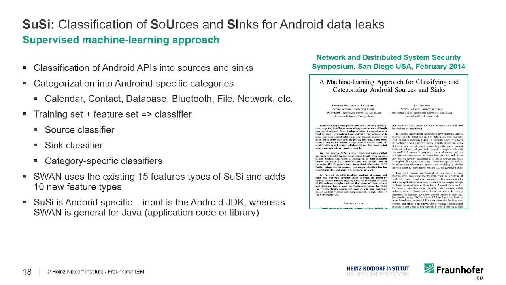Since SWAN is a more general Java approach, it can work on any Java input, so we needed to expand the feature types to make the classifiers more general. Also, I mentioned that SUSI is only Android specific, so it really focuses on the Android specific information in the JDK, and SWAN targets a broader range of Java application types.